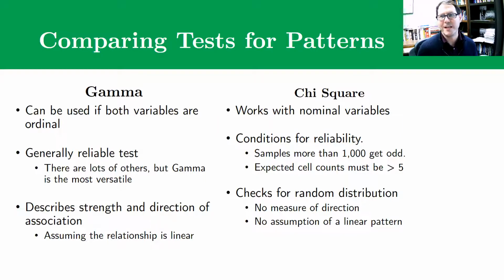Gamma only works if you have ordinal variables, because gamma is looking for a relationship, not just does a pattern exist, but is it a positive relationship or a negative relationship. And so in order to be able to use gamma and have it look in a way that's meaningful for those patterns, there has to be a meaningful ordering in those variables. And so it can't just be region of the country where I could swap them around in any particular way.